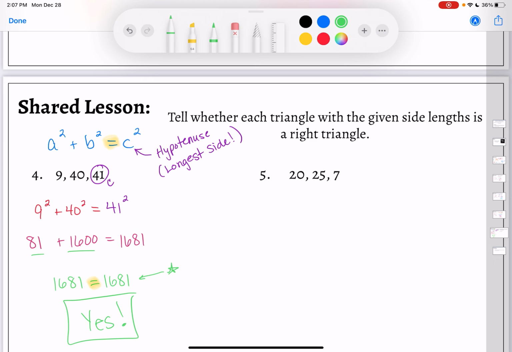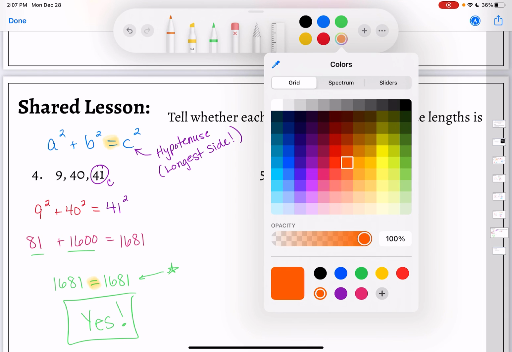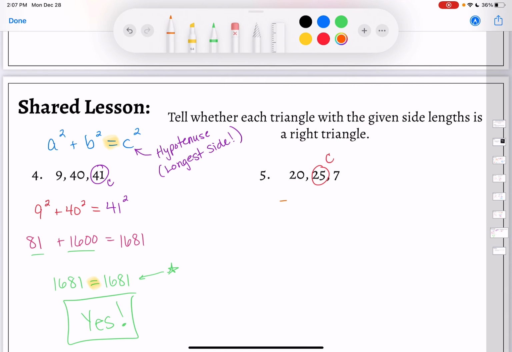See if you can do this one. 20, 25, and 7. All right, so again, you're looking for which side is the longest one. So the 25 would have to be c. So if I'm setting up my equation here, it would be 7 squared plus 20 squared equals 25 squared. Now, it's okay if you wrote 20 squared plus 7 squared. Same thing, right?